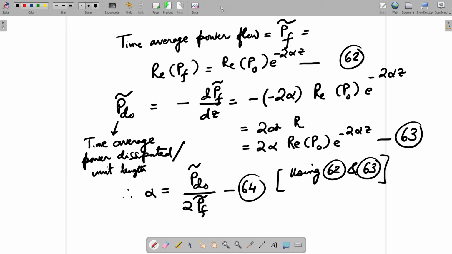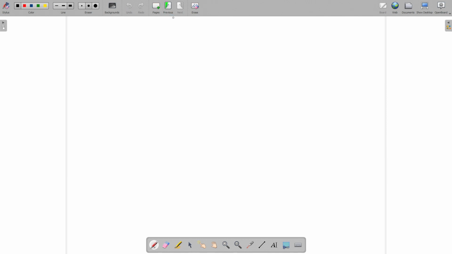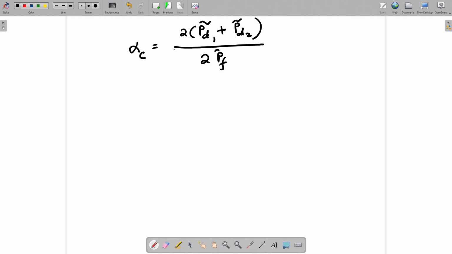So, therefore, the attenuation due to the conductor loss in the 4 walls, written as alpha c, is twice P d 1 tilde plus P d 2 tilde, which is the total power dissipated in the 4 walls per unit length, divided by 2 P f tilde.